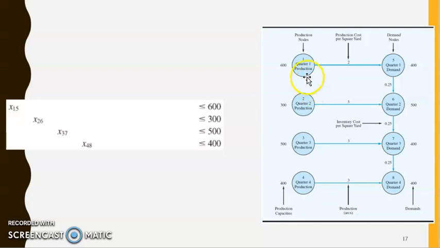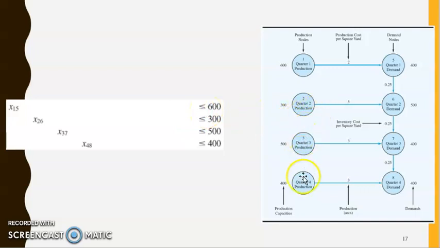It is just sending its output to node 5. Okay, so the corresponding constraint would be very easy. It is just x15 that must be equal or smaller than 600, as you can see it here. X15 equal or smaller than 600.